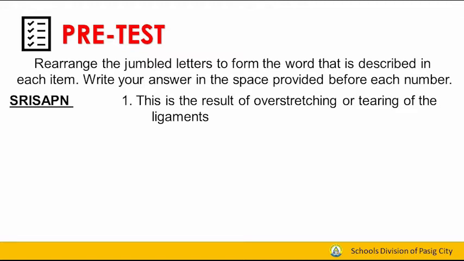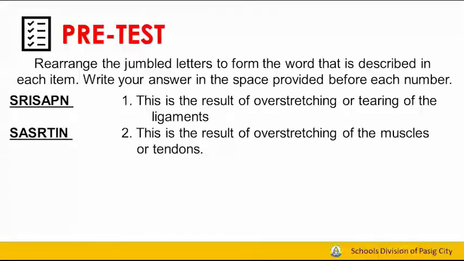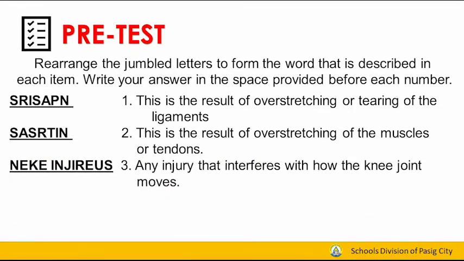This is the result of overstretching or tearing of the ligaments. Number 2. This is the result of overstretching of the muscles or tendons. Number 3. Any injury that interferes with how the knee joint moves.